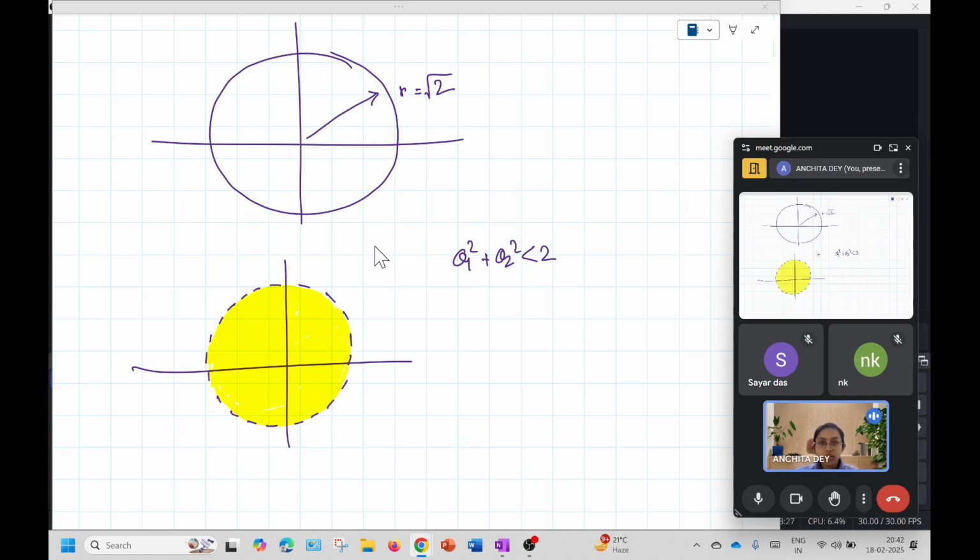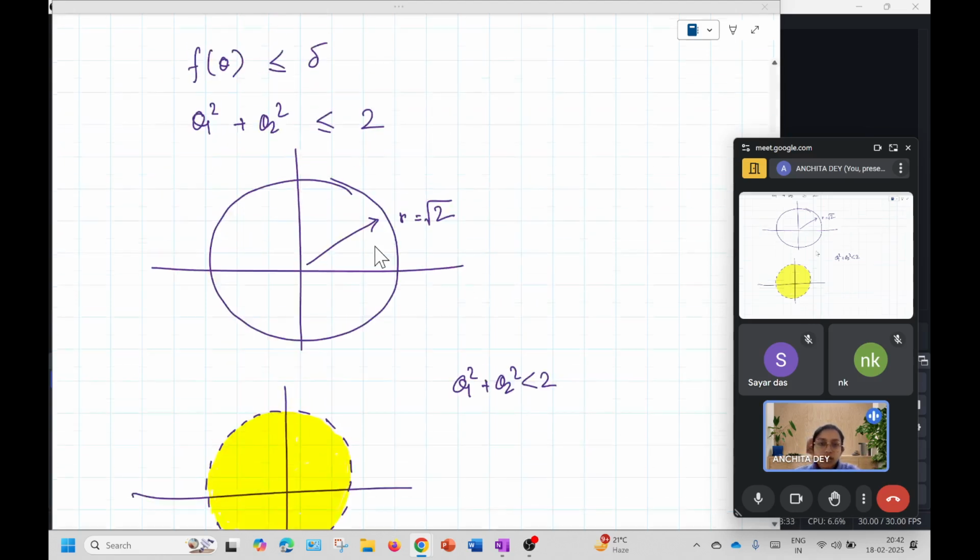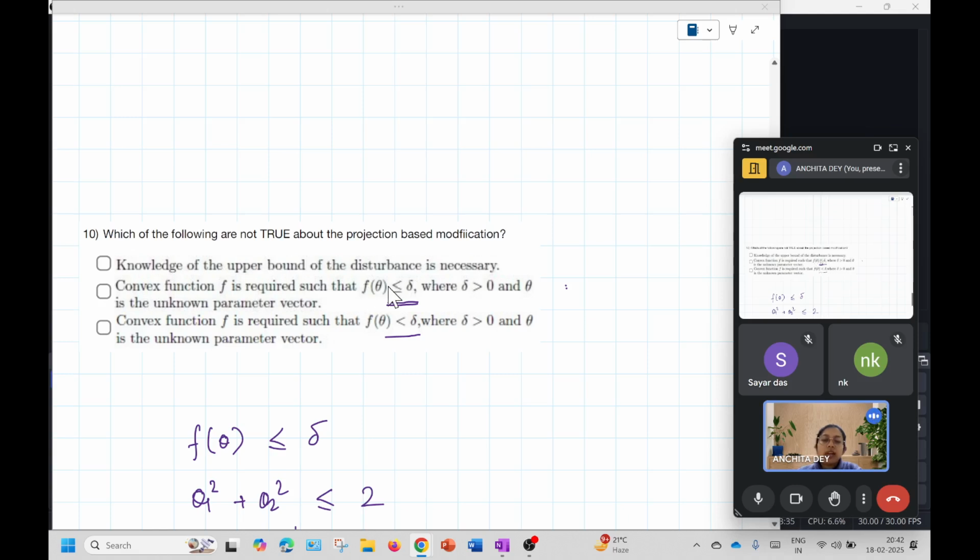So it makes no sense how you will apply the simple projection operation that we studied in the class. So for projection, you actually need the less than equal to sign instead of only the less than sign. So mind it, when you select the answers, you have to give which of these are not true.